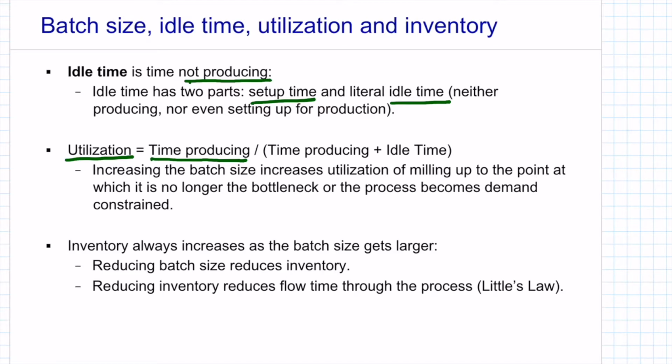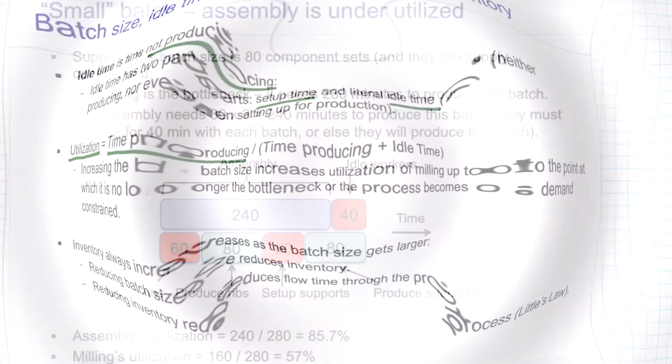When we increase the batch size, we increase the utilization of the milling machine up to a point when it is no longer a bottleneck. But when batch sizes go up, inventory also goes up. So when we reduce batch size, it helps to reduce inventory. And we also know that when we reduce inventory, it reduces flow time as per Little's law.